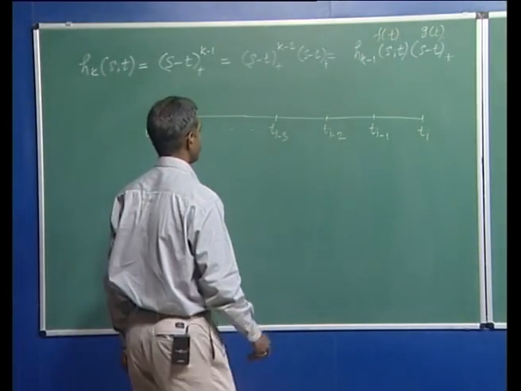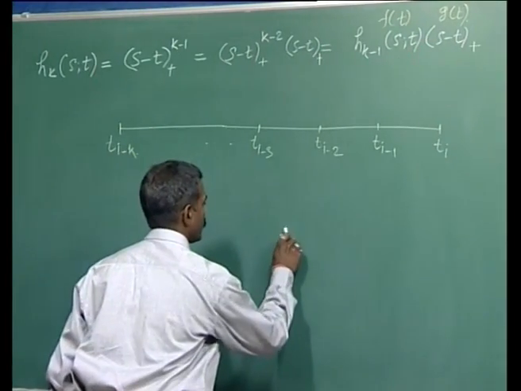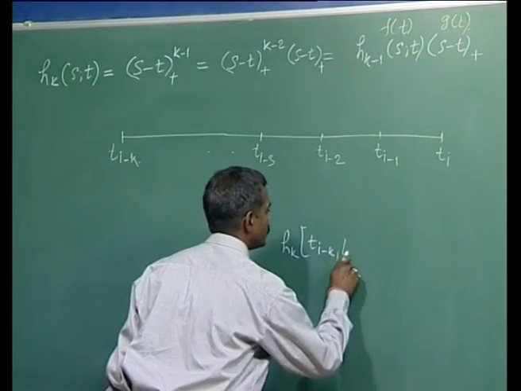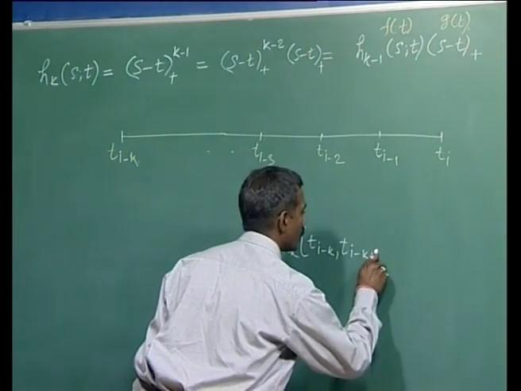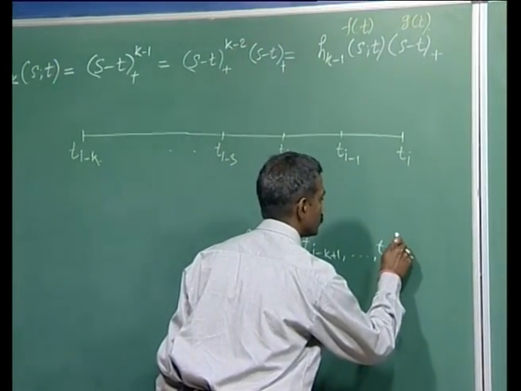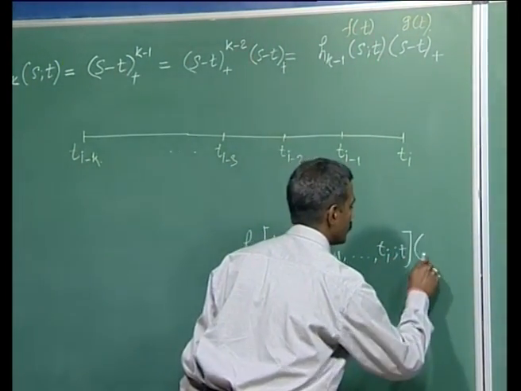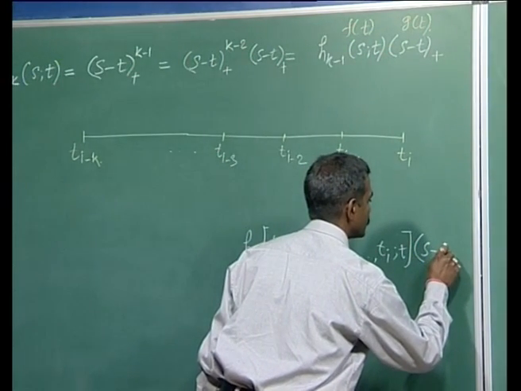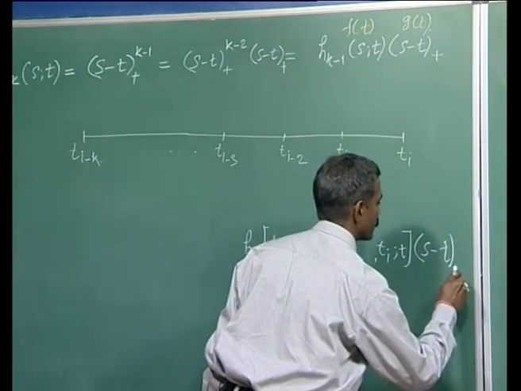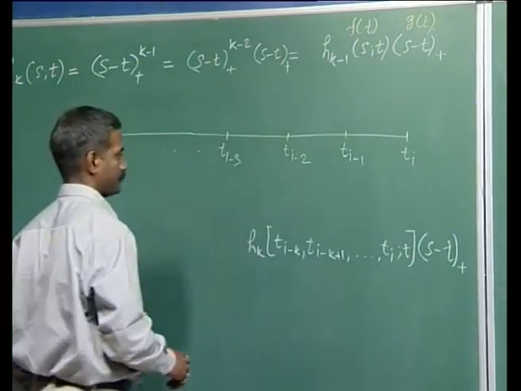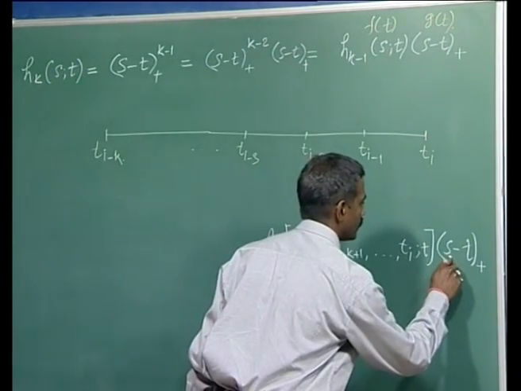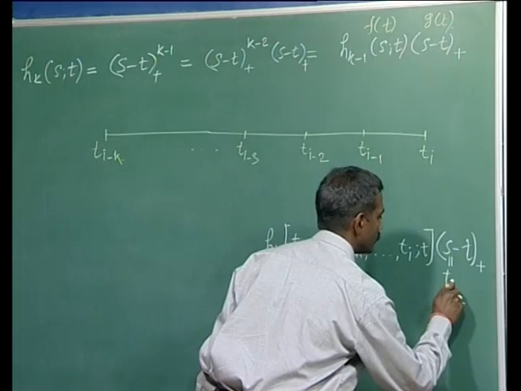So the last term will be h_k(t_i-k, t_i-k+1, up till t_i; t) times (s minus t) truncated. Here s will be equal to t_i.